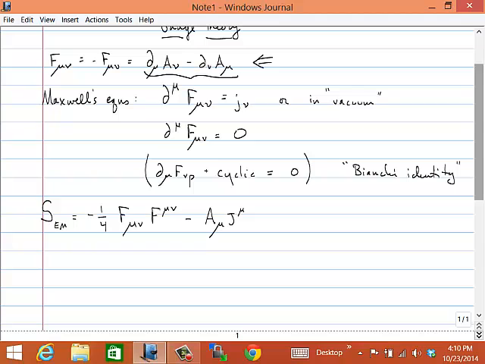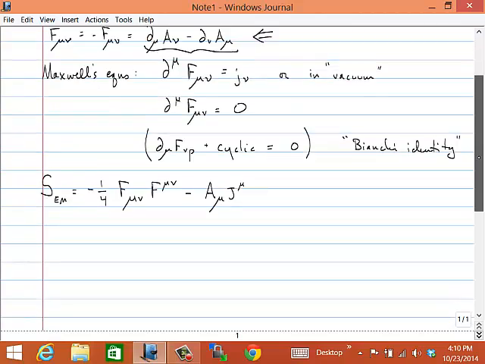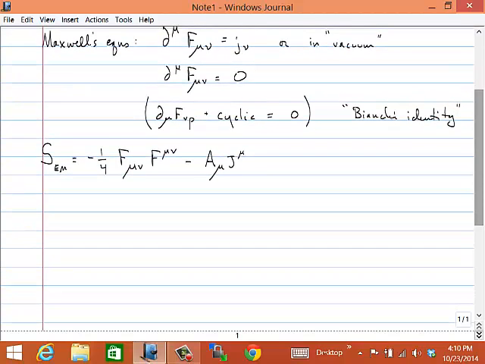By the way, just for my information, when you took your electromagnetism courses, did you see the field strength tensor, A mu? Is that something that you saw, more or less? Okay, so this is all fairly familiar to you. Good. And the final thing that we should point out is that the equations of motion are invariant under gauge transformations.